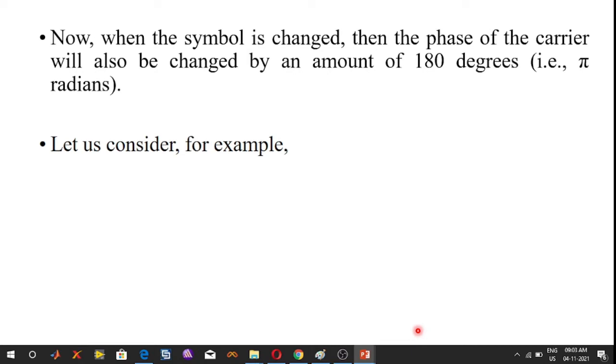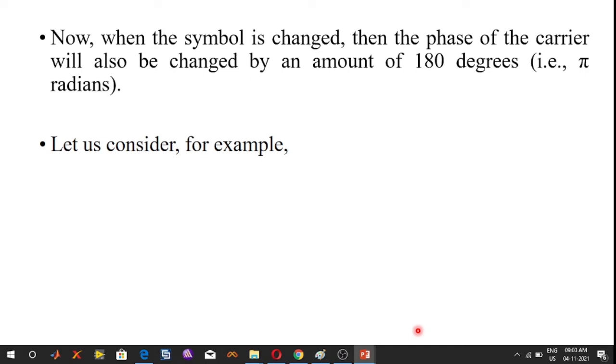So let us consider, for example, binary symbol 1. What is the carrier wave of the signal? The carrier wave of the sinusoidal signal is A cos(2πfct), where A is square root of 2P. So therefore the carrier signal is square root of 2P cos(2πfct) for binary symbol 1.